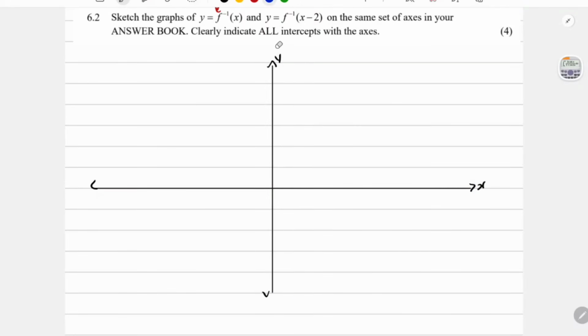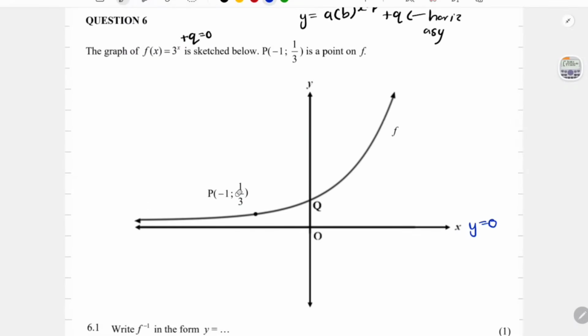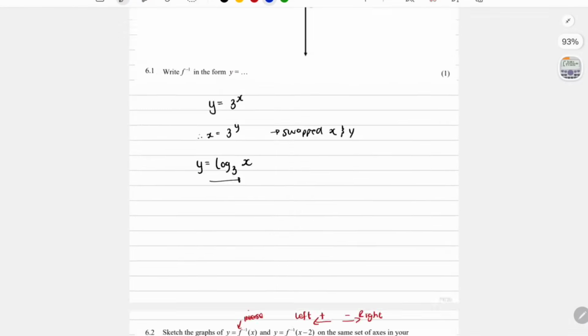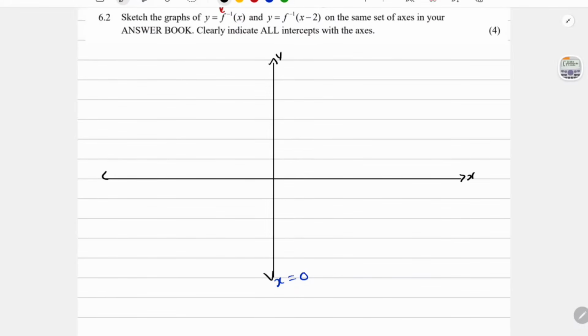So I'm going to actually write the equation. We have x equals 0 over here, and then the graph really just swaps. So the point P, instead of it being -1 and 1/3, the x and y values will just swap. So you have 1/3 and -1. That's what you're going to have as your image of P in your new graph. So let me just put down some coordinates just so that there's a bit of order here.